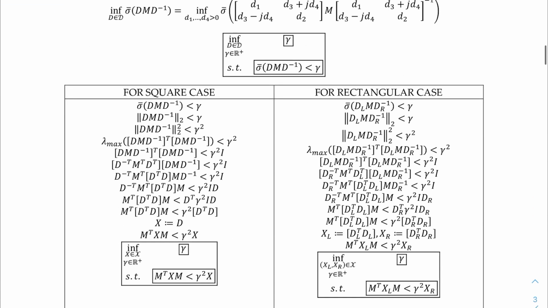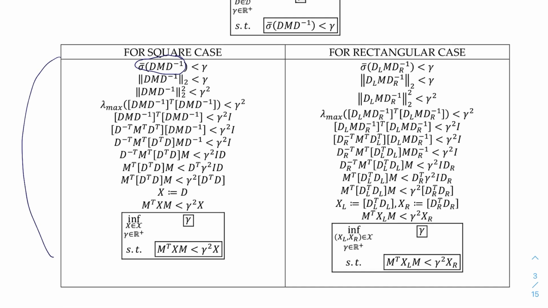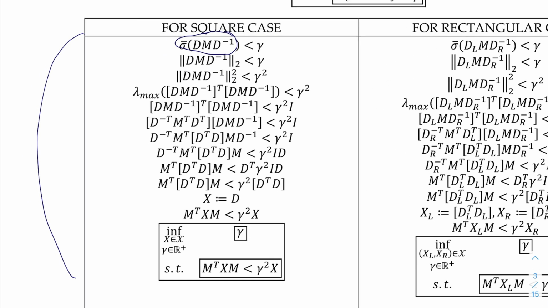I'm going to show you another thing. Okay, just try to focus here. This is our problem. Let's say gamma is bigger than this cost function.